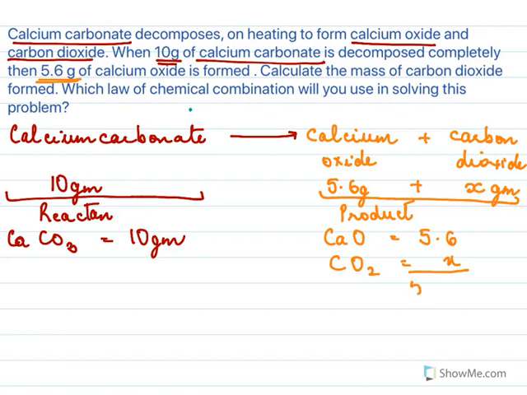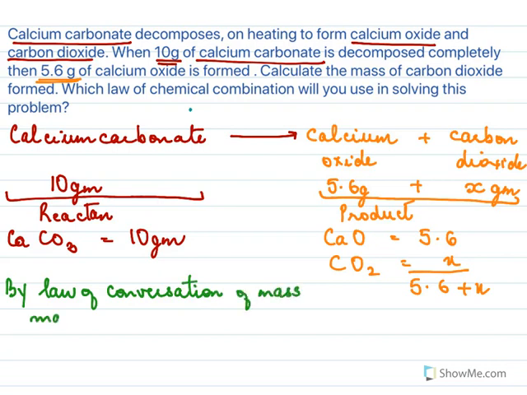So the total mass of products is 5.6 plus X. And according to the law of conservation of mass, we know mass of reactant equal to mass of product.